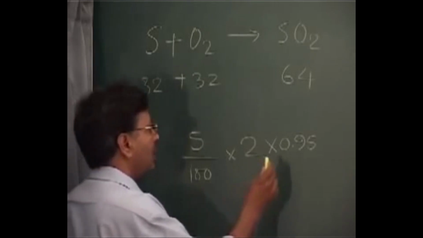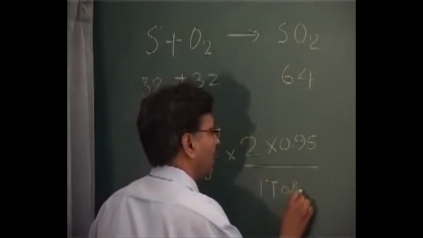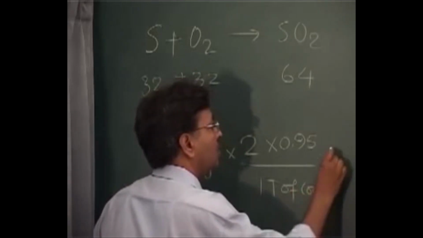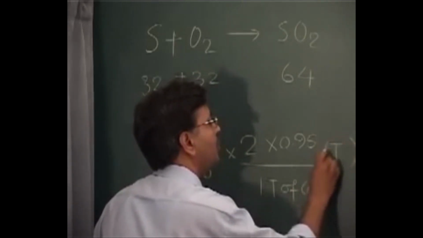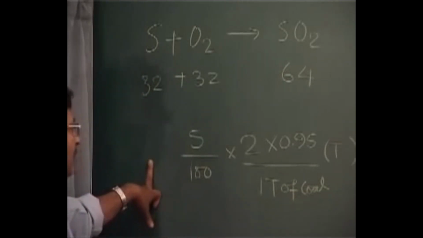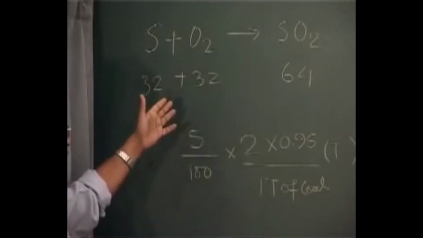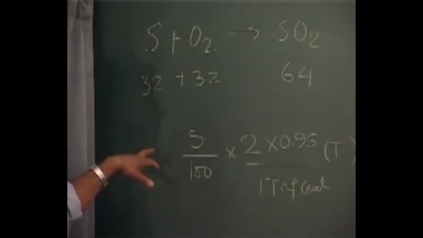Let's say we are talking about 1 ton of coal, so this is the tons of sulfur dioxide. Can someone quickly convert this into kg of sulfur dioxide per ton of coal?